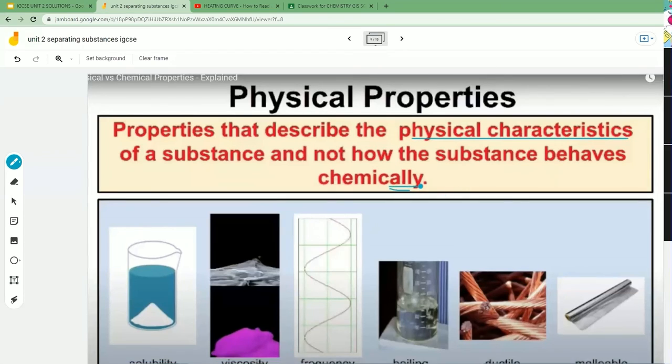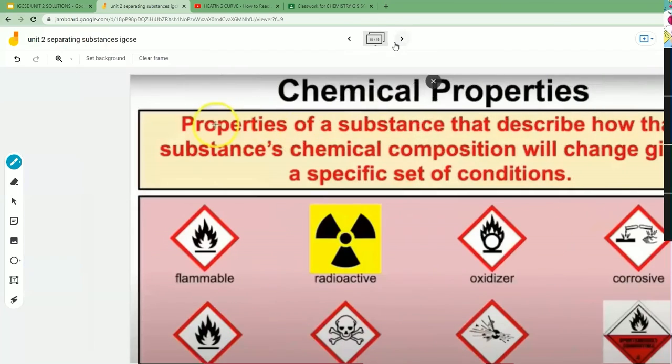How they will behave chemically, we don't discuss in physical properties, okay? Only the physical characteristic. How does a thing look? What is its texture? If I beat it, what will happen? If I boil it, what will happen? If I put water, what will happen? All this. But what about chemical properties?